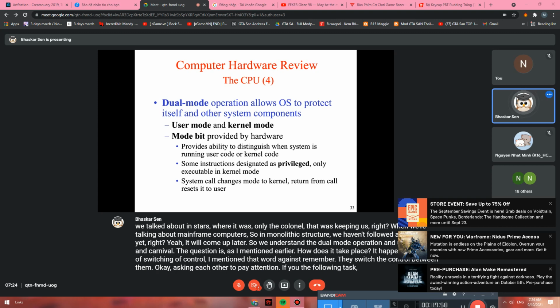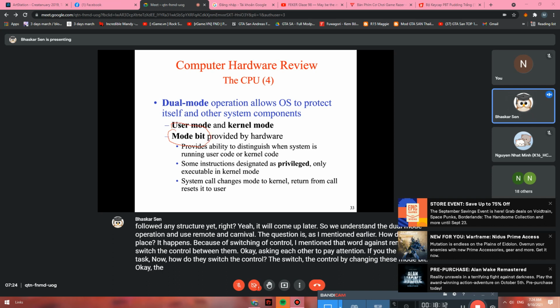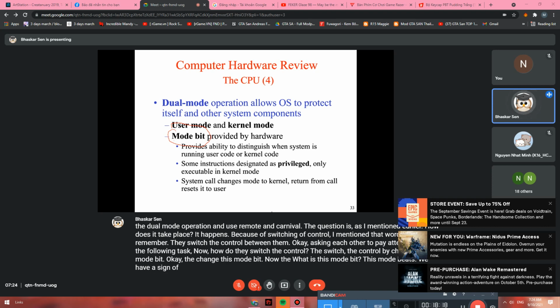Now, how do they switch the control? They switch the control by changing this mode bit. What is this mode bit? We have assigned a mode bit. For the user mode, it is 1. For the kernel mode, the core, it's 0.